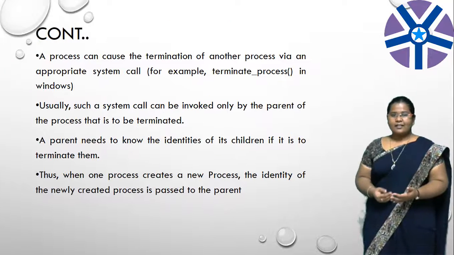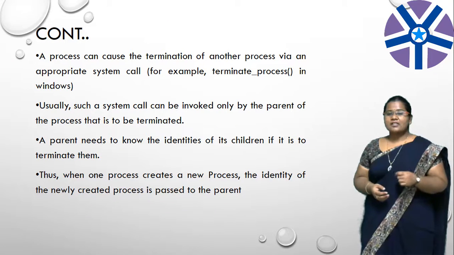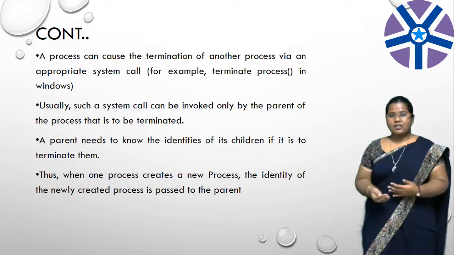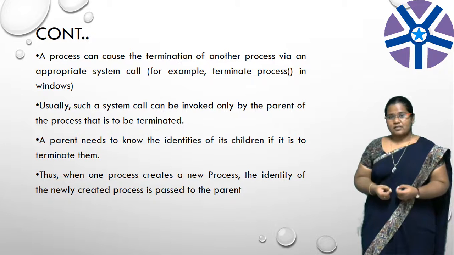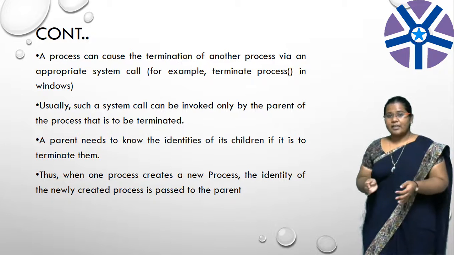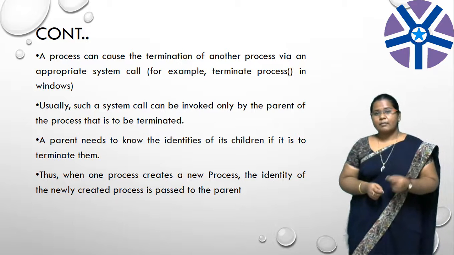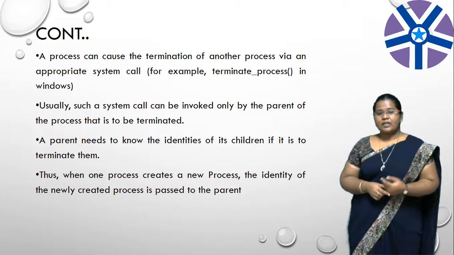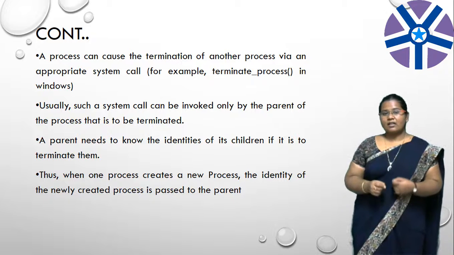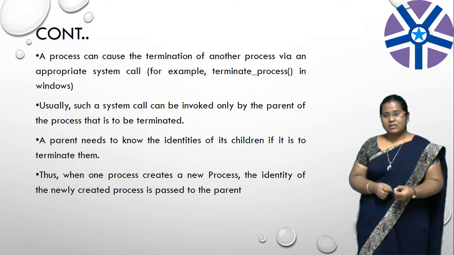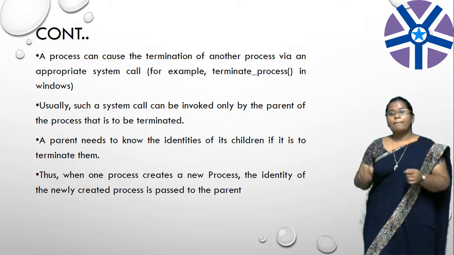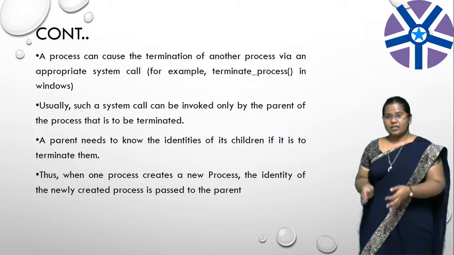A process can cause termination of another process via an appropriate system call. So, in order to terminate a process, there should be some system call executed by the operating system. Usually, such a system call can be invoked only by the parent process of that child.